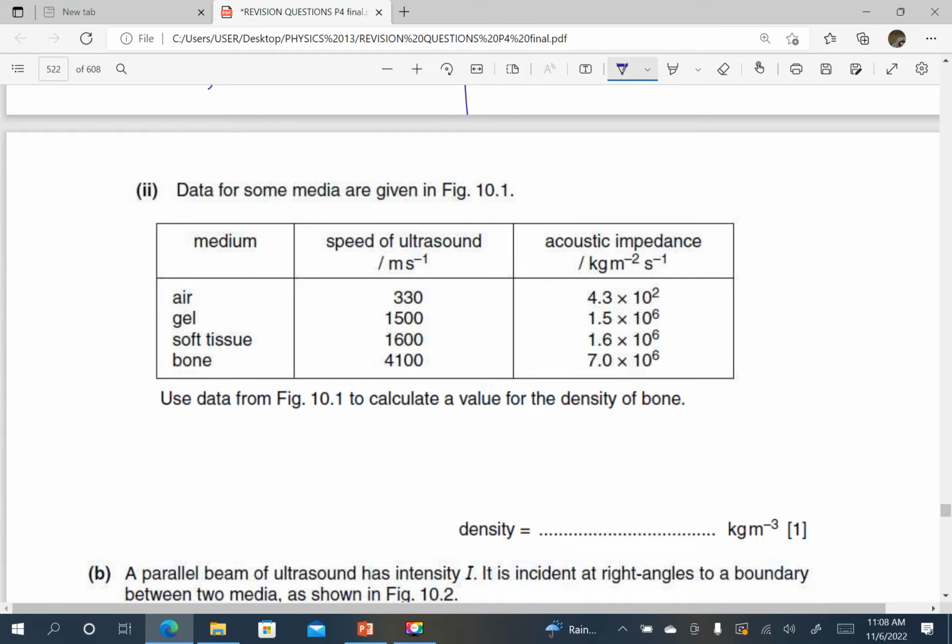So density, rho, is equal to Z over c. So Z for bone is 7.0 times 10 power 6, and the speed is 4,100. So this is giving me 1,700 from my calculator.